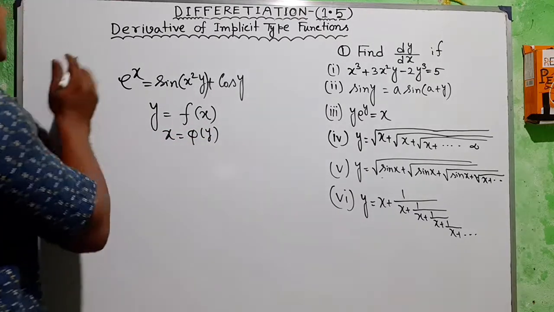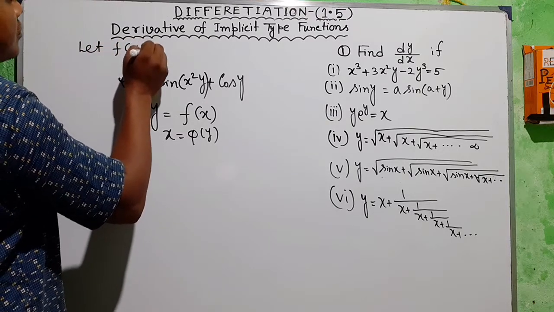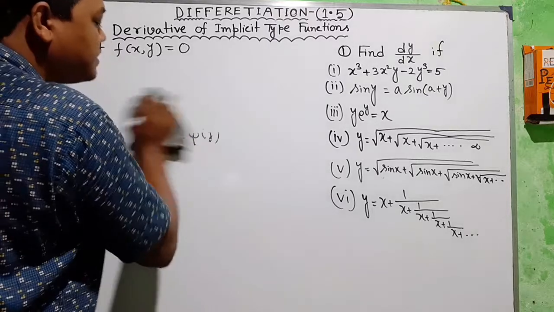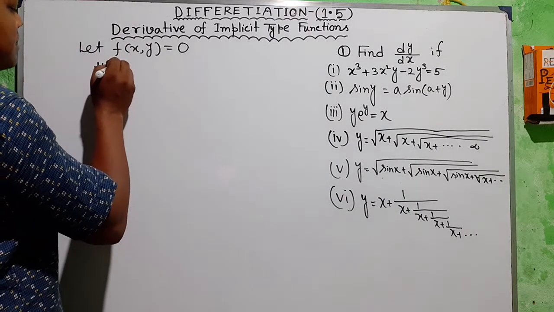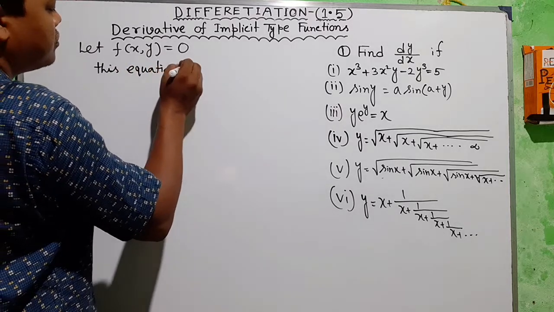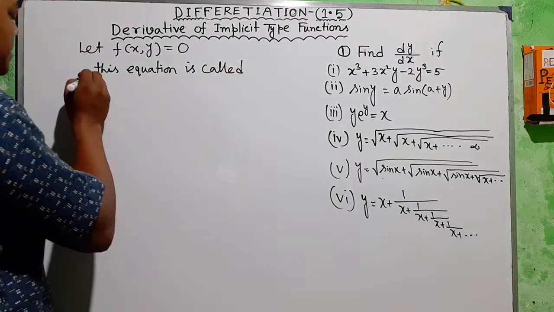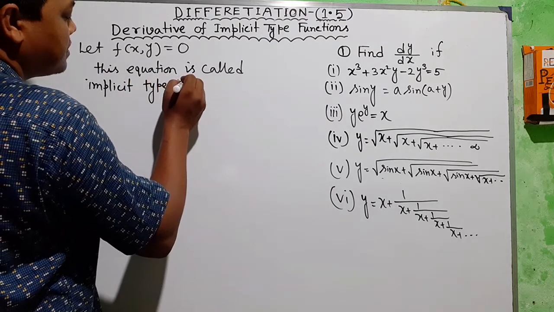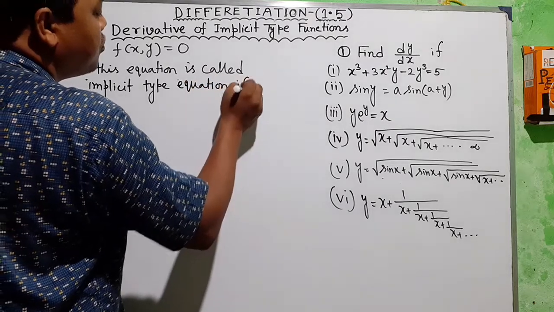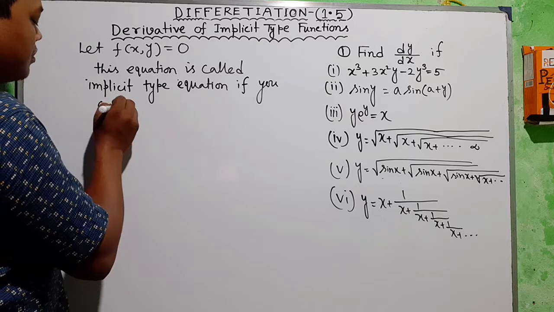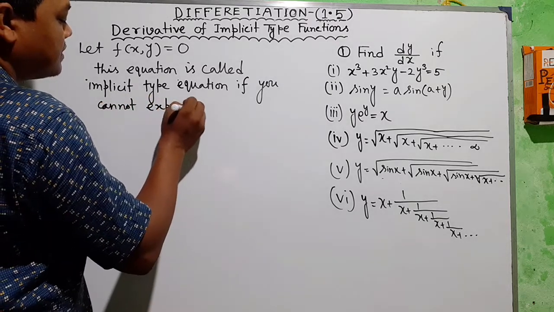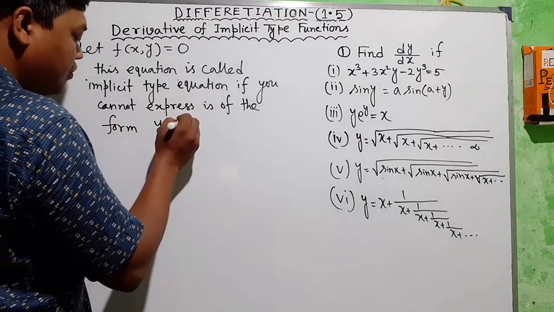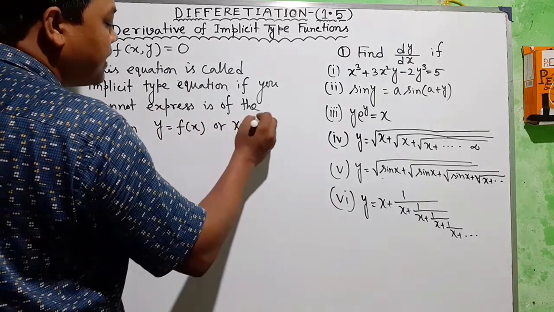In general, if an equation f(x, y) equals 0 is given to you, this equation is called an implicit type equation if you cannot express it in the form y equal to f(x) or x equals to phi(y), only a function of y.